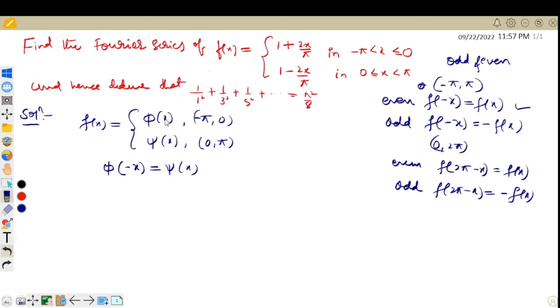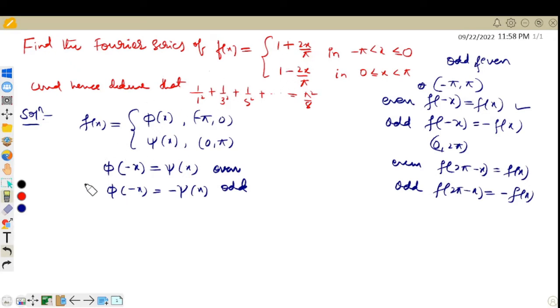If phi of minus x equals psi of x, we call it even. Otherwise, if phi of minus x equals minus psi of x, we say that the function is odd. So let me verify for our given example.